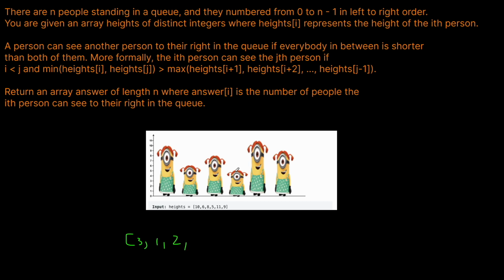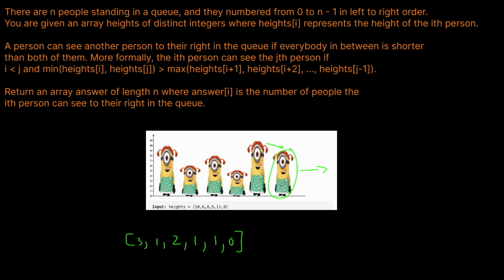Now we are looking at this person, and all they can see is this minion here, so only one person. And then this person here can only look down and see this one. There's nothing left in the array, so that's one person. And then this last minion, there's nothing for them to see, so it's 0 for them.